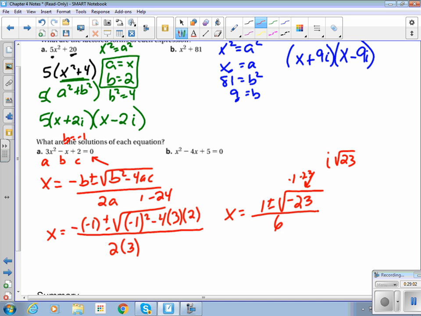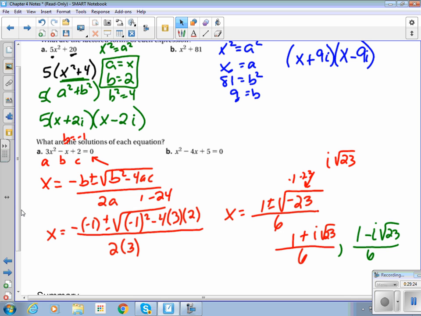So our two answers are 1 plus i root 23 over 6, and 1 minus i root 23 over 6. So now when we use quadratic equations, we actually deal with a negative underneath the square root. And that's everything you need to know about complex conjugates.